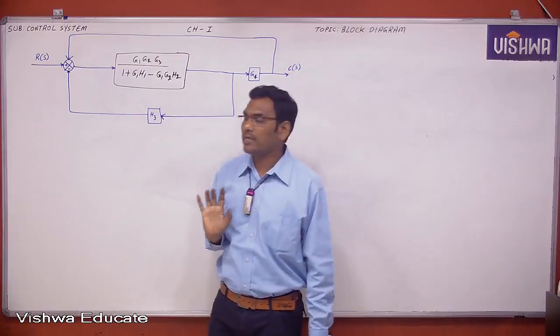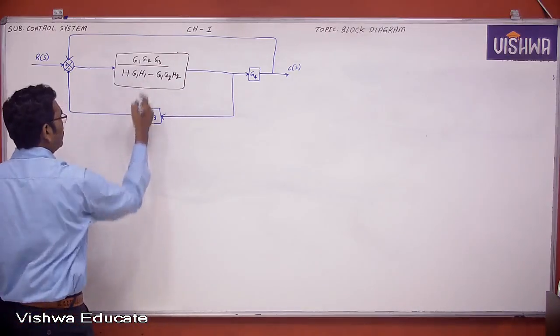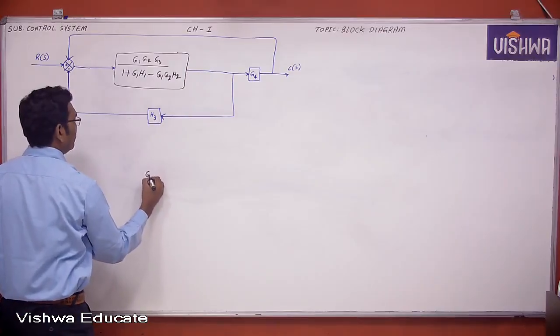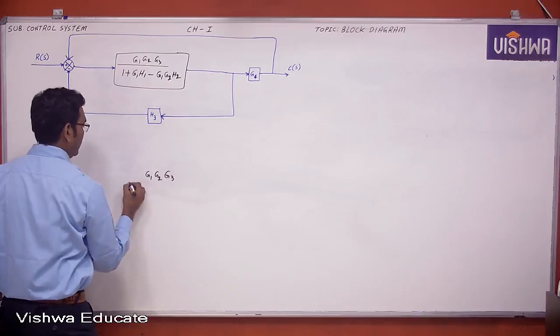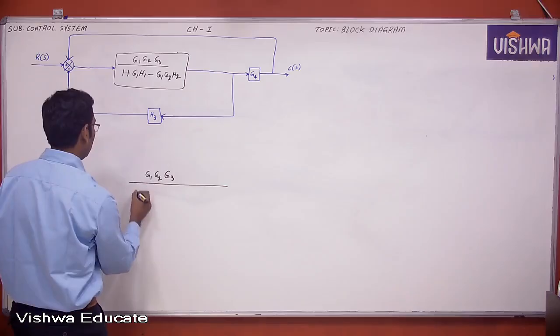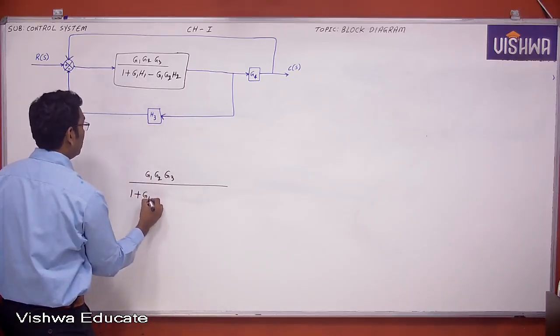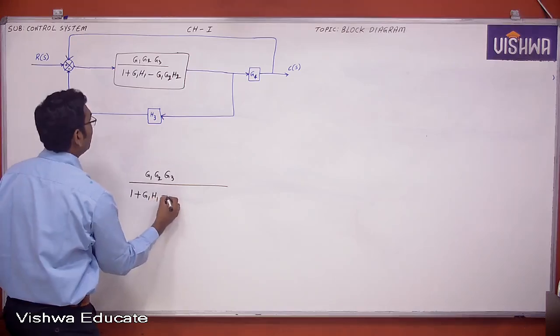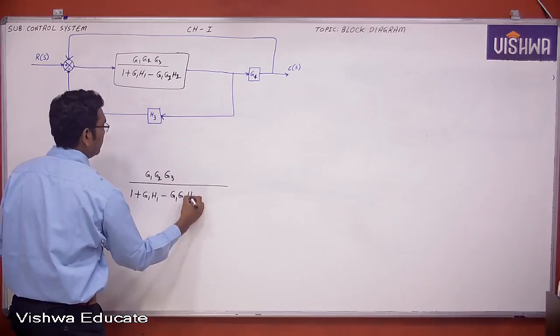How am I writing? What is the shortcut method I am applying here? See here. First, numerator is as it is, G1 G2 G3. Denominator is also as it is, 1 plus G1 H1 minus G1 G2 H2.